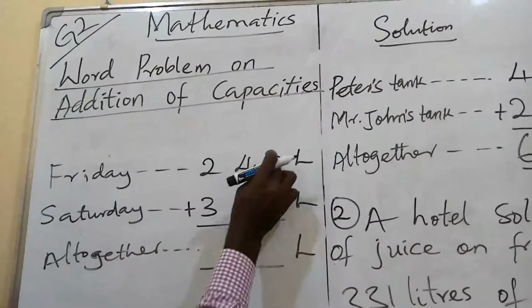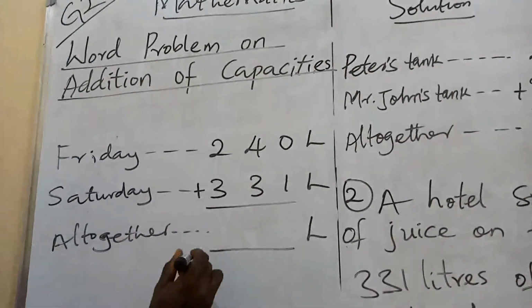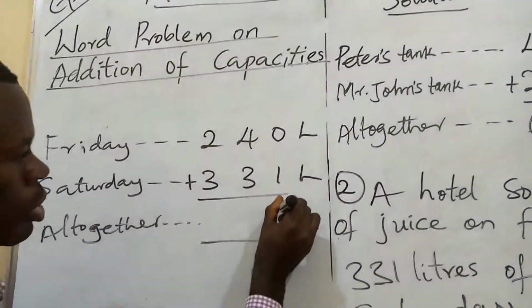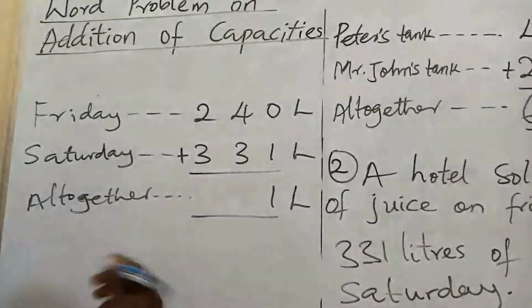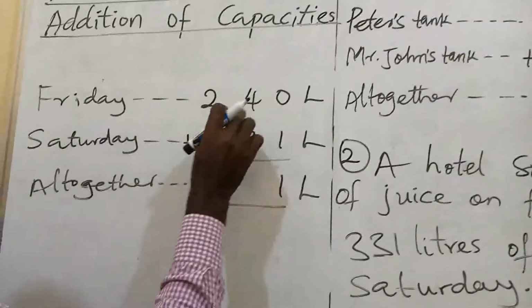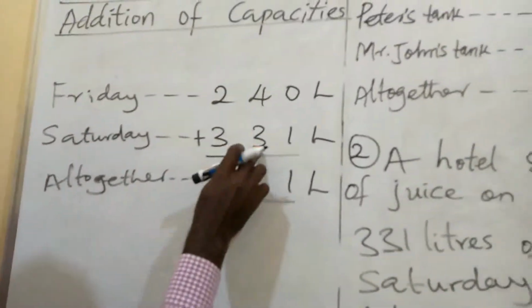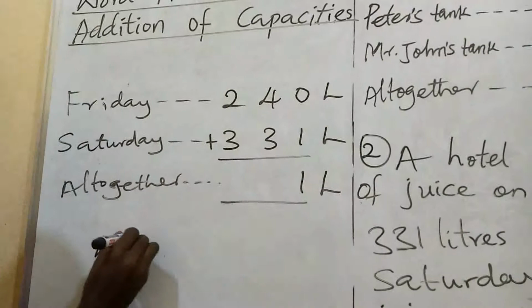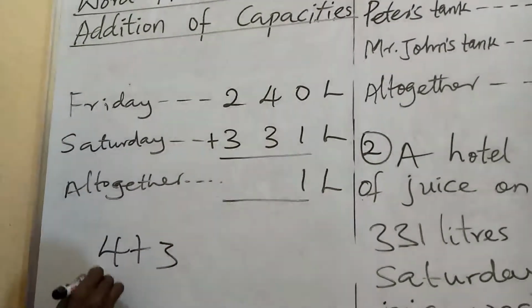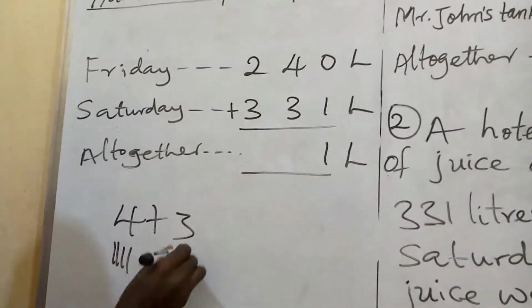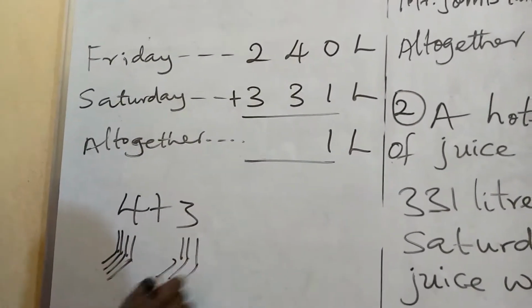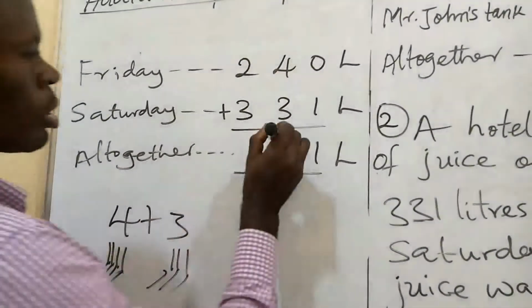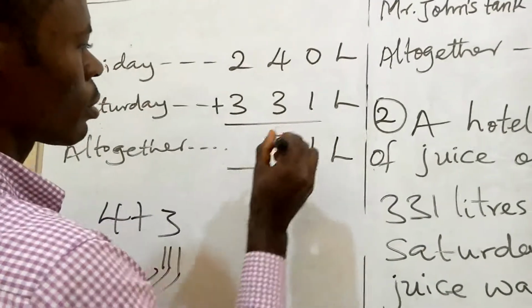So now we have 0 plus 1. 0 plus 1 is what? 1. Any number plus 0 is that number. 4 plus 3. 1, 2, 3, 4 and 1, 2, 3, 1, 2, 3, 4, 5, 6, 7. So 4 plus 3 is what? 7.